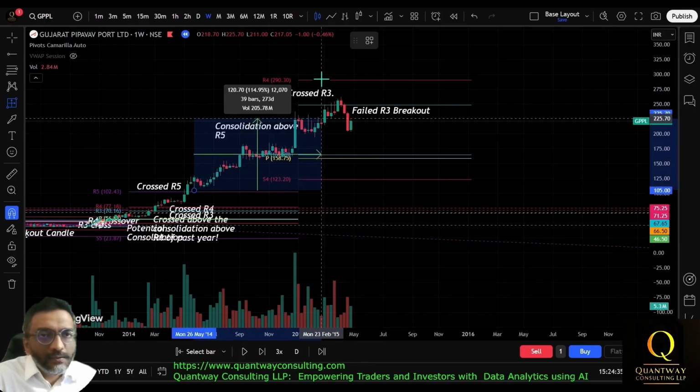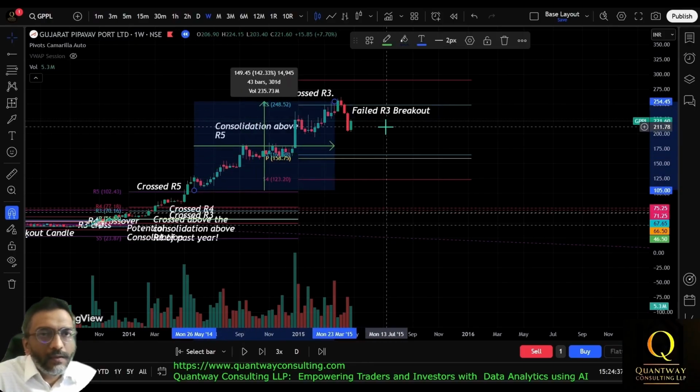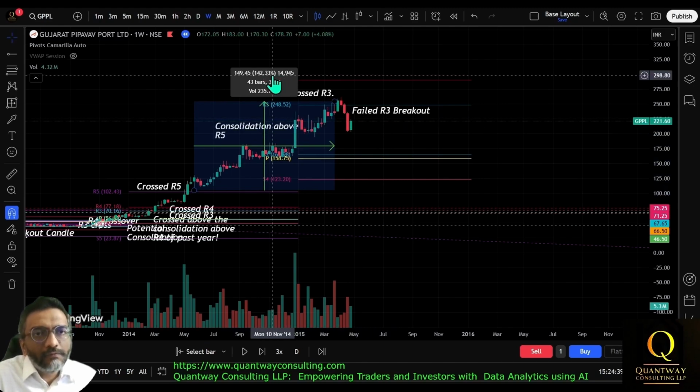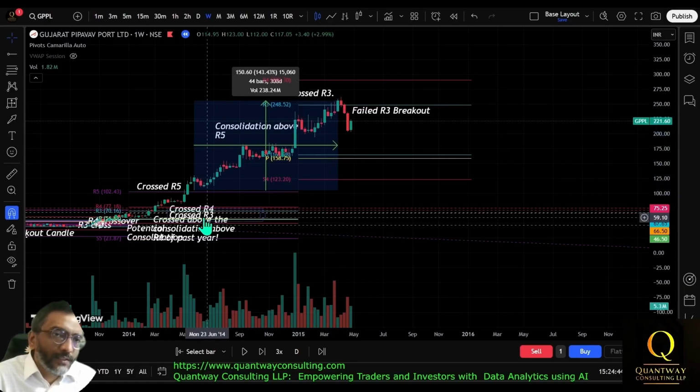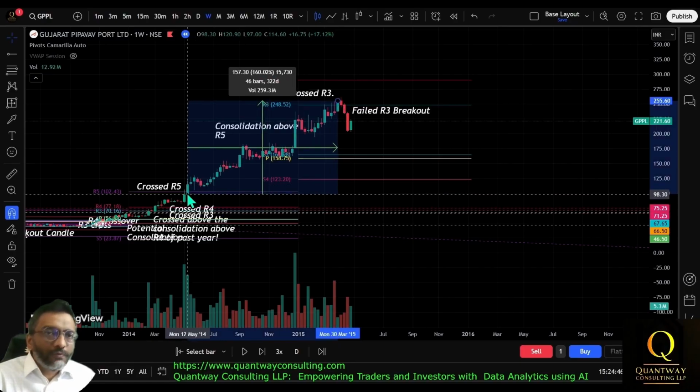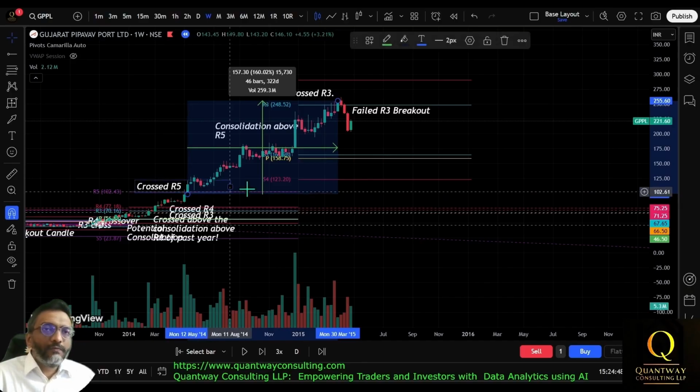So generally, R3 failure has happened, and so now the R3 failure would lead to a downtrend in the upcoming years. That is what the typical scenario would be.